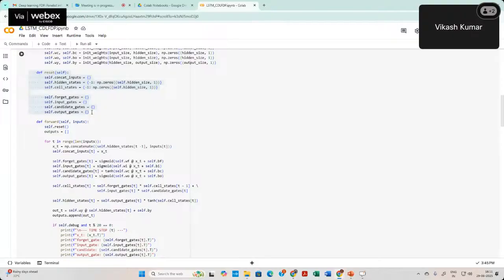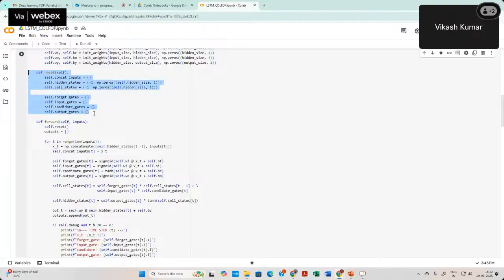But suppose we have a large corpus and we don't want to reset the values, because as we all know, in order to learn the context, the weight matrices must be shared across the time units. So even though for a larger corpus we divide it into tokens, statements or sentences, we will not use this reset.